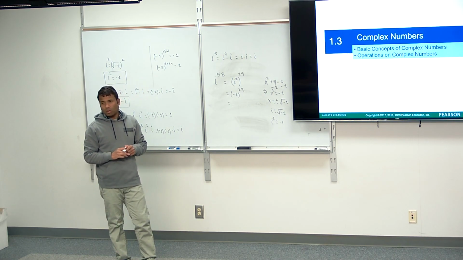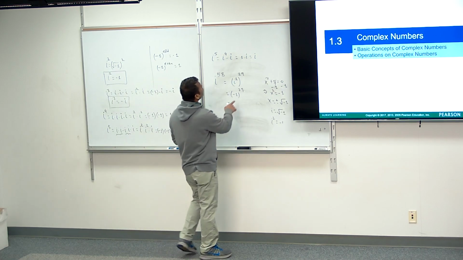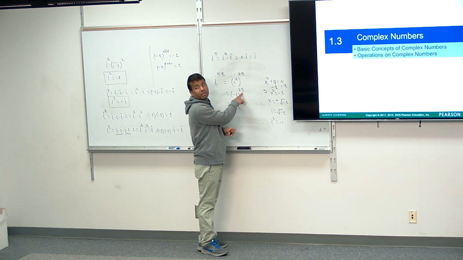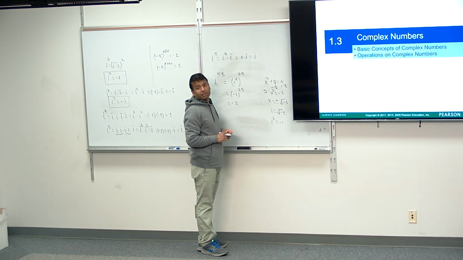Right? That makes sense? When you multiply a negative number an even number of times, it will give you positive. So now you see this 29, is this odd or even? Odd. So that means it will be what? -1. Make sense? Are you guys with me?